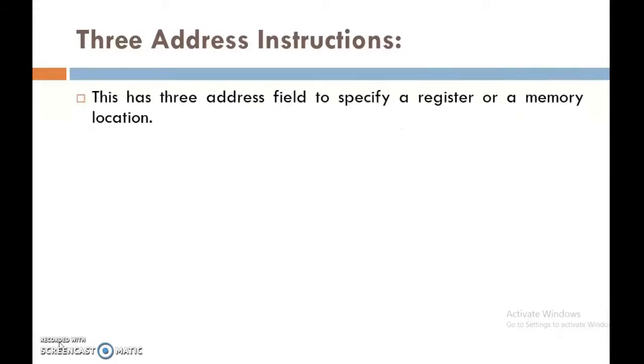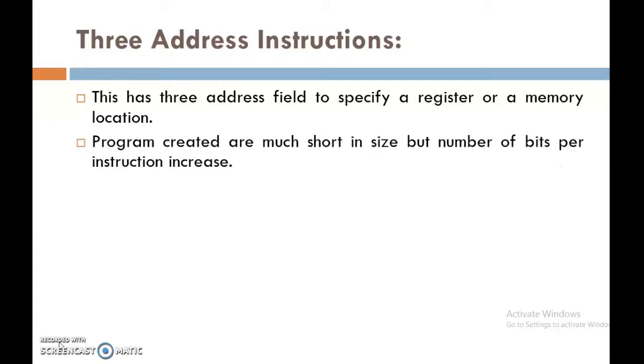In this type, it has 3 address fields to specify a register or a memory location. A program created is much shorter in size, but the number of bits per instruction increases. Yes, because we are using 3 address places in a single instruction.